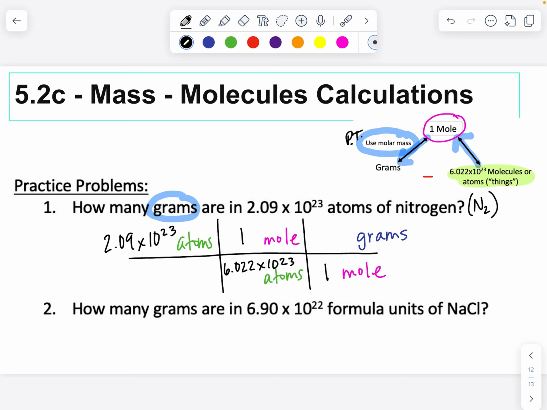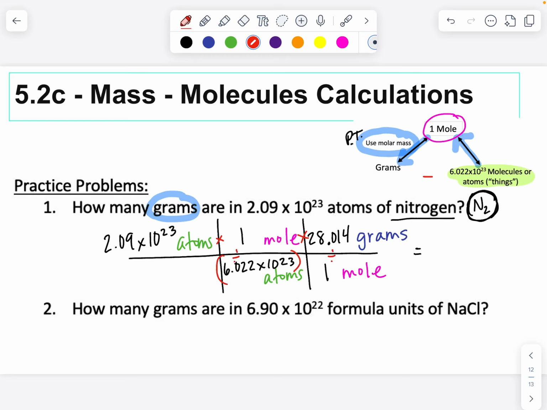So if 1 nitrogen is 14.007, I have to add that twice. So I get 28.014. All I did was take 1 nitrogen and add it 2 times, because nitrogen is a diatomic element. Now I'm ready to just multiply the top and then divide by everything on the bottom.